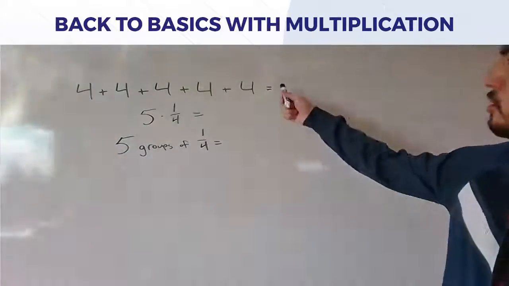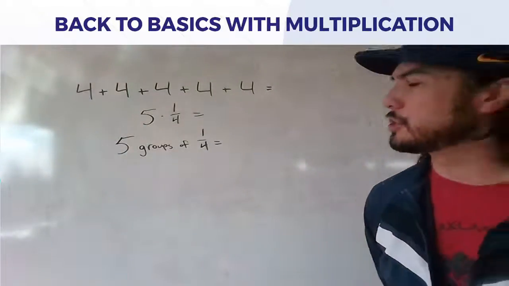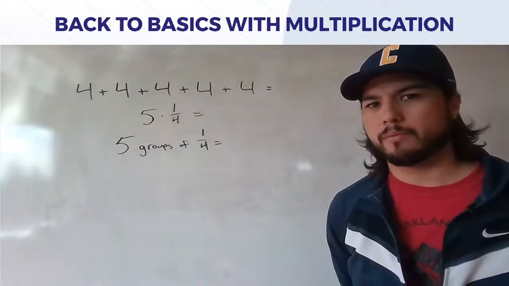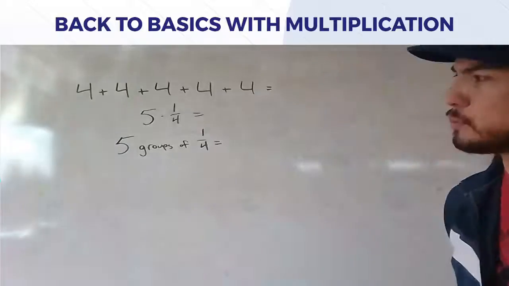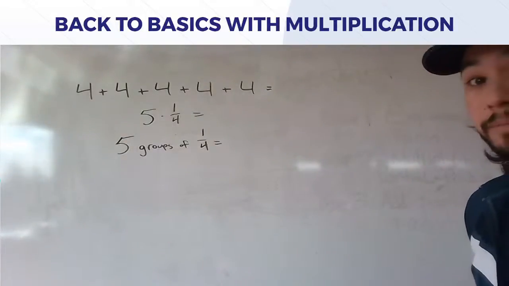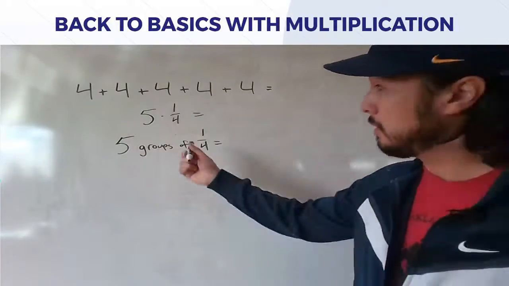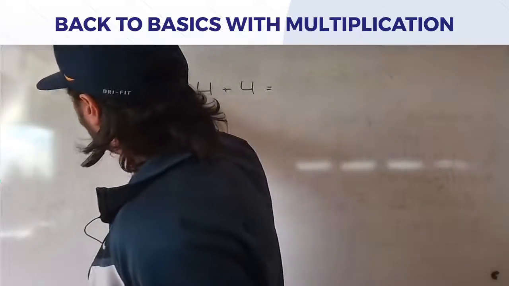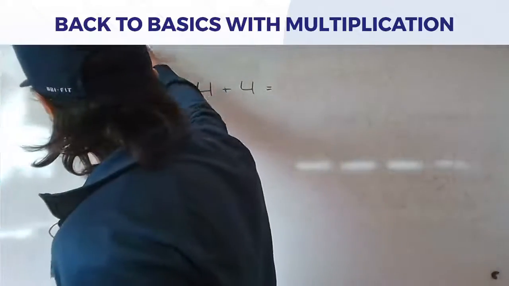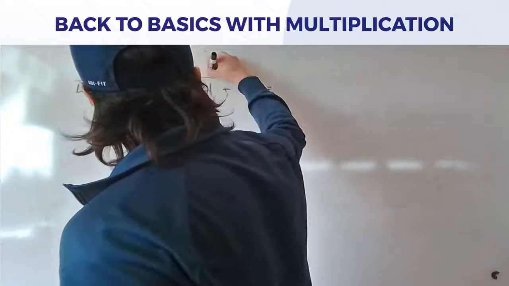How would that change the repeated addition up here? What would we need to do to take this from 5 times 4 to 5 times 1/4? Now we're no longer having 4 as our group size, our value, right? We've got to change all these to 1/4.